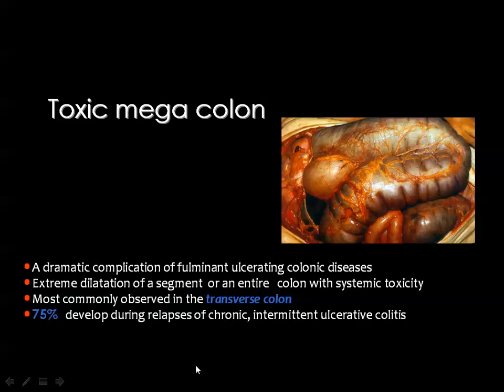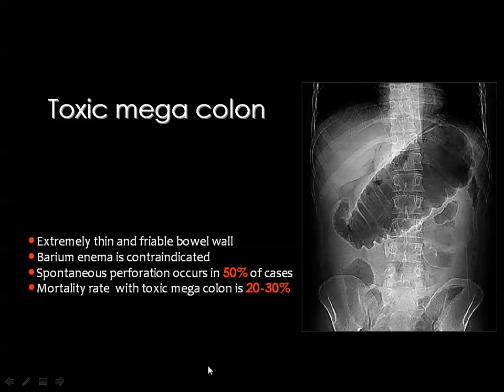Toxic megacolon means that the colon is extensively dilated. Particularly, this disease affects the transverse colon, and the colonic wall is very friable and is liable to rupture. If you look at the plain x-ray, of course, the barium enema and the endoscopy are absolutely contraindicated in such conditions for fear of perforation of the colon.